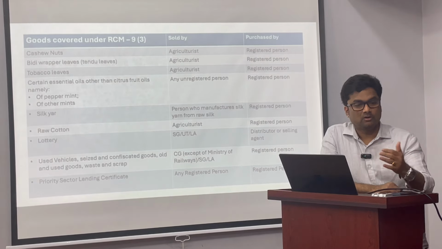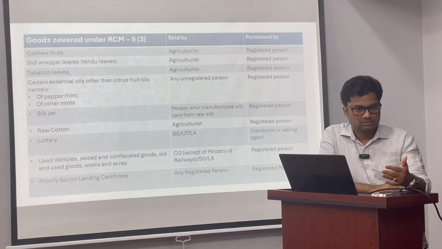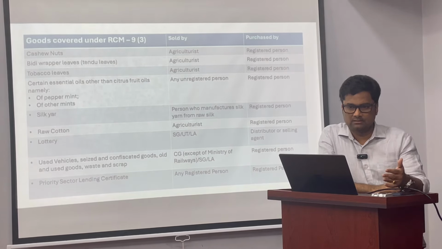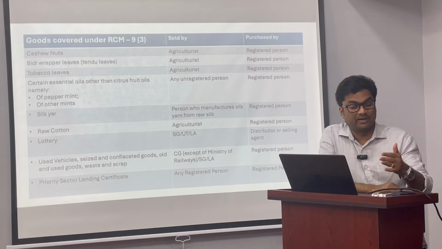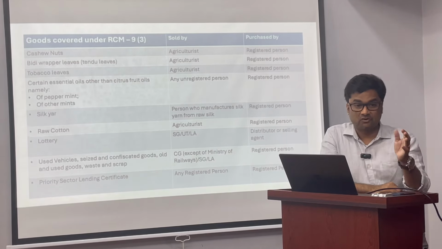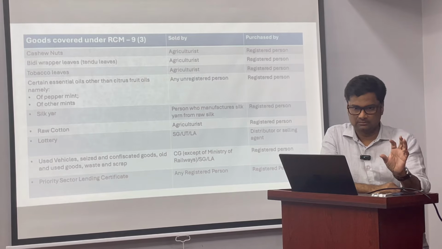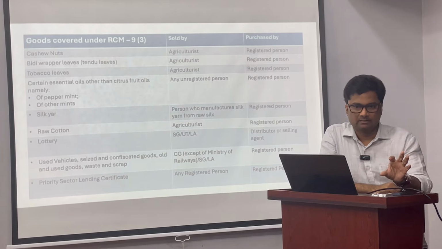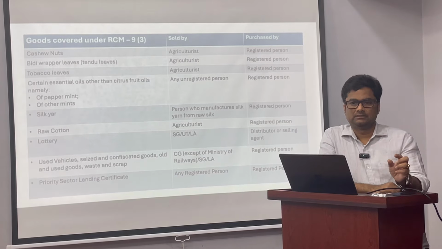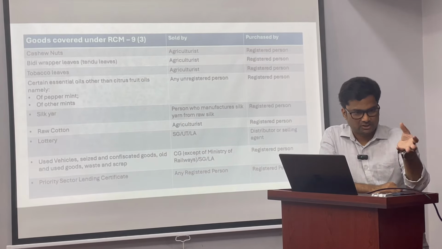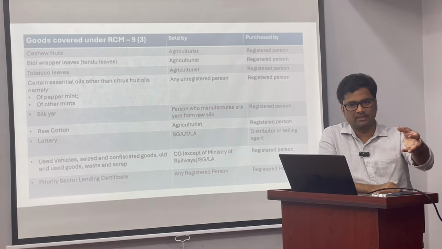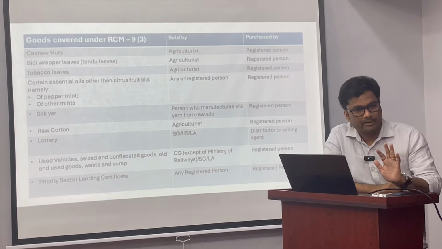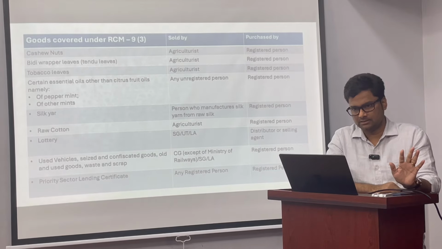Goods which are purchased by a promoter or a developer from unregistered persons, which constitute the shortfall between the 80-20 ratio, then on the shortfall, the 20 lakhs, let us say 18 lakhs are goods, you have to pay GST at the rate of 18%.